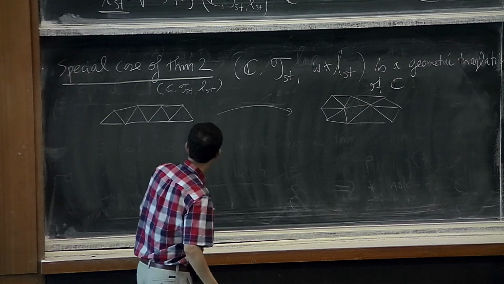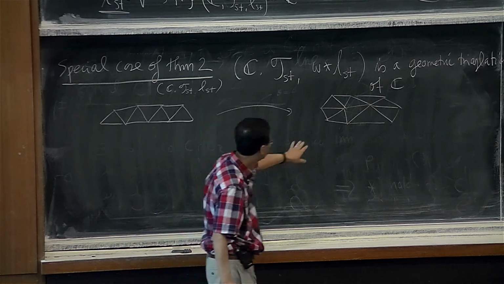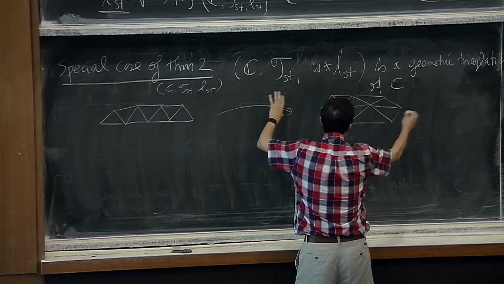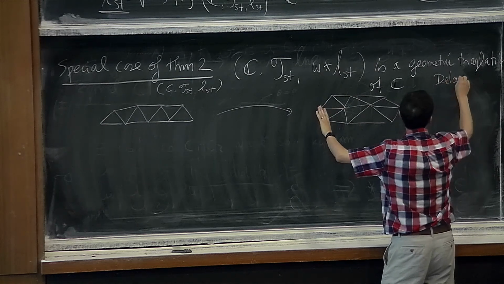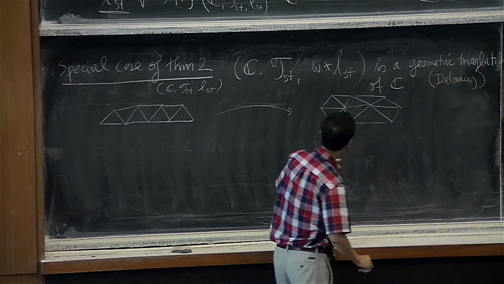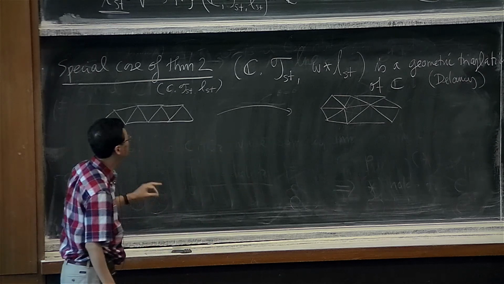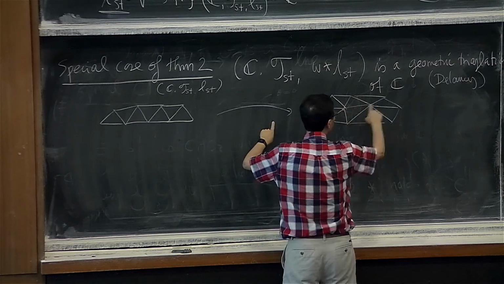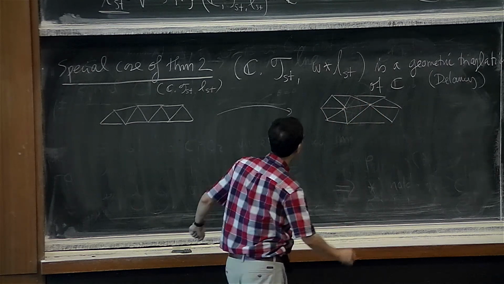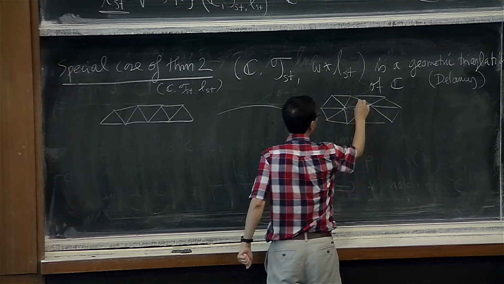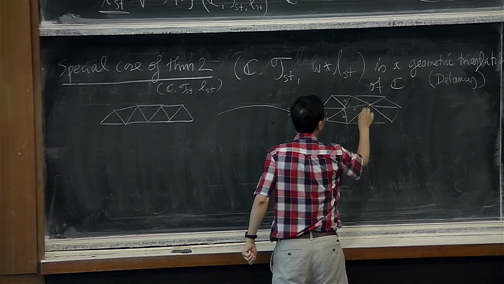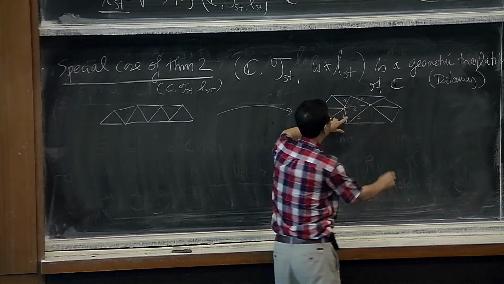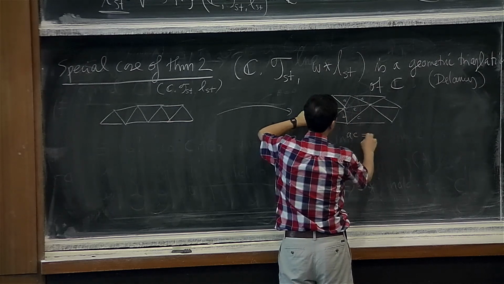These two differ by a vertex scaling, which you can now phrase in terms of the cross ratio. This is a Delaunay triangulation of the complex plane, subject to the discrete conformal condition. The vertex scaling really says that I have a Delaunay triangulation of the complex plane such that whenever I take an edge E and look at the four sides of the quadrilateral containing E, the cross ratio is equal to BD.